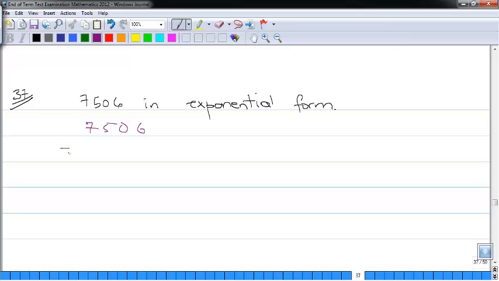This would be 7 multiplied by 1,000 plus 5 multiplied by 100 plus 0 multiplied by 10 plus 6 multiplied by 1. Let's bracket these off so we can see them more clearly.